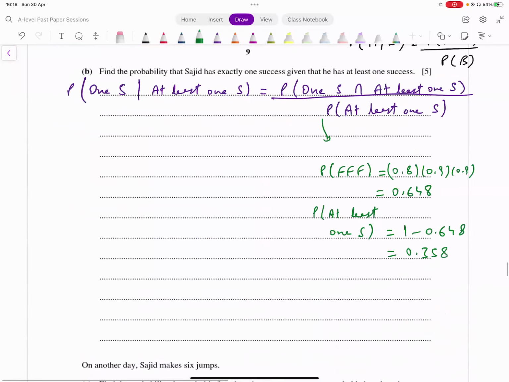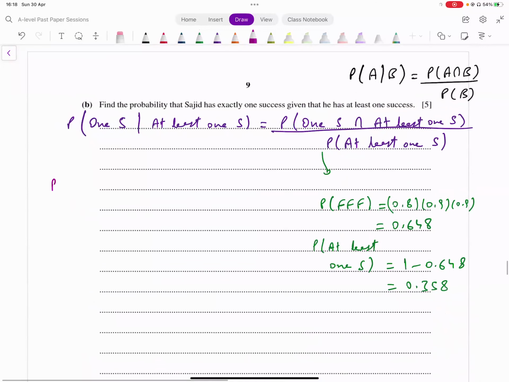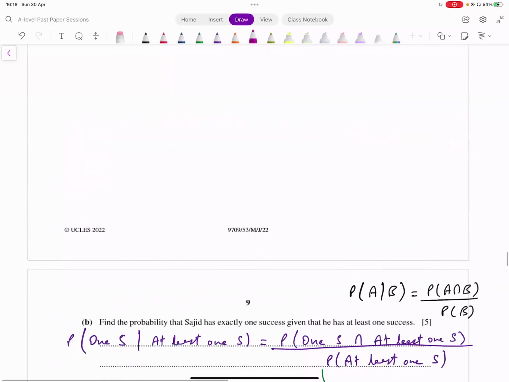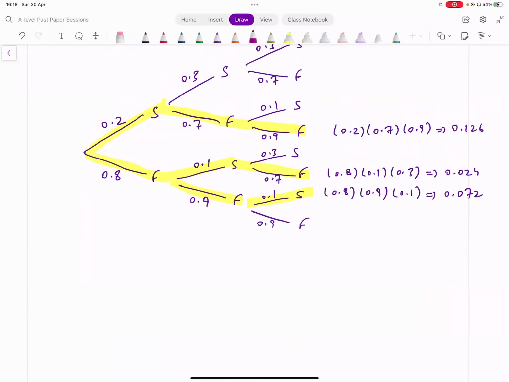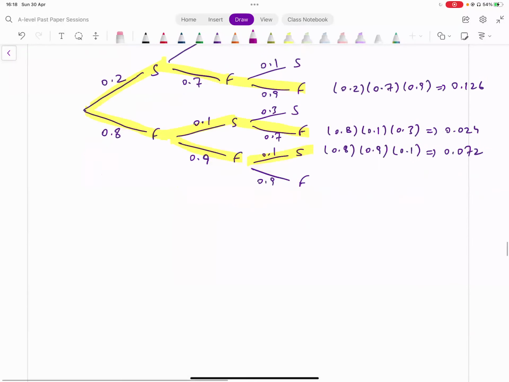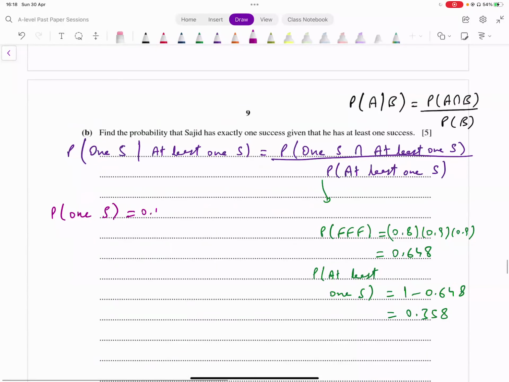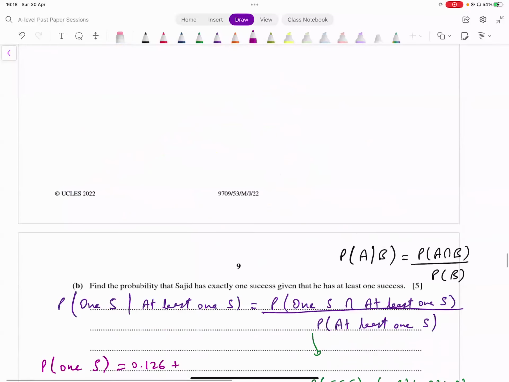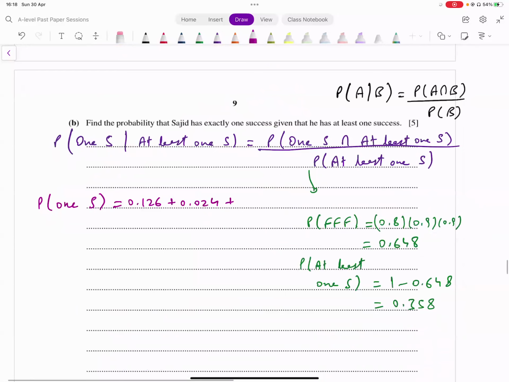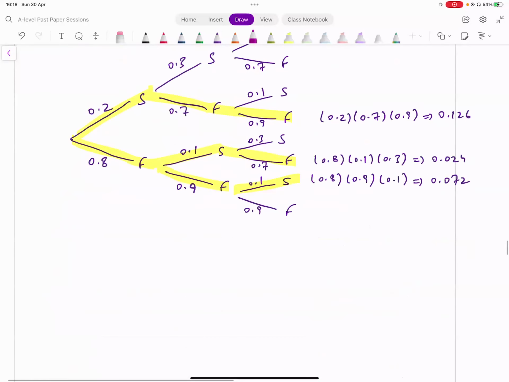दूसरा अब क्या है, one success वाली probability, ये आप side पे लिख लेते हैं, probability of one success only. उन तीनों cases को add कर लें, S F F, F S F and F F S. Alright, so 0.126 plus 0.024 plus 0.072.